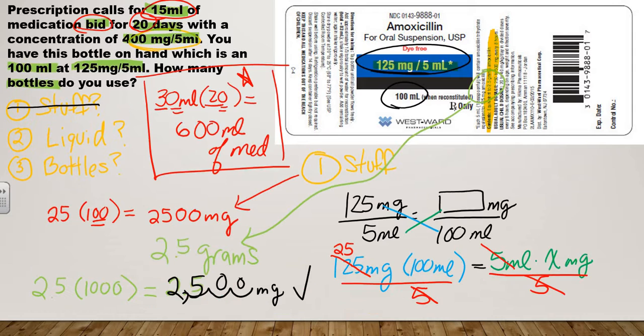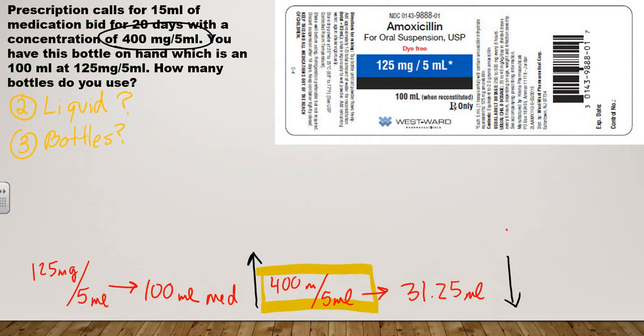Okay, so from our prescription, we figured out we need 600 milliliters of medication. That's what we need. We need 600 milliliters of medication at this concentration.